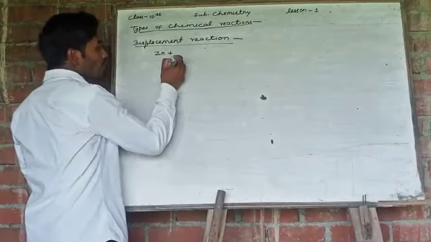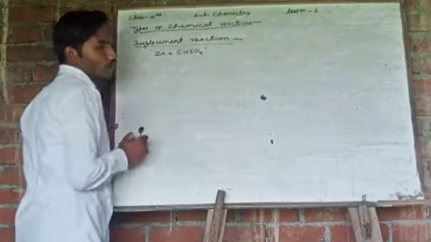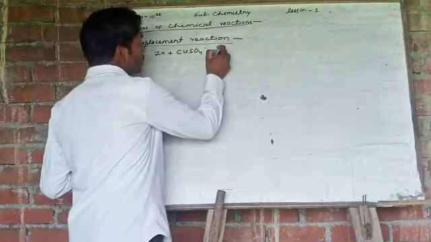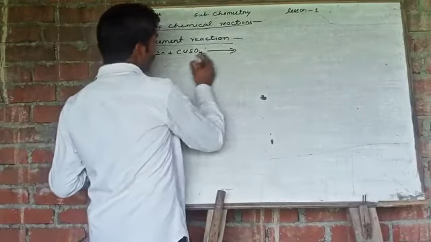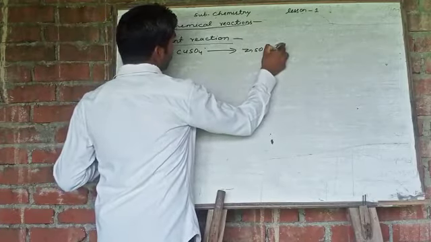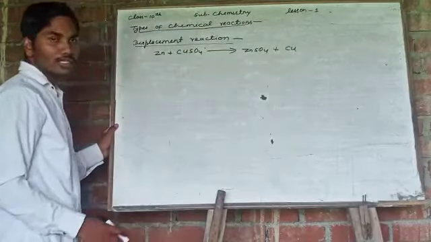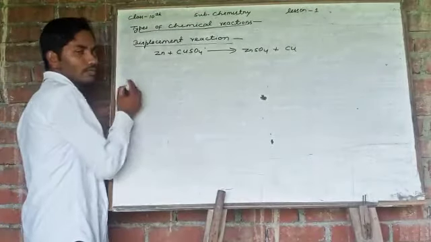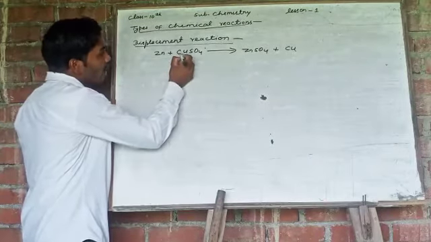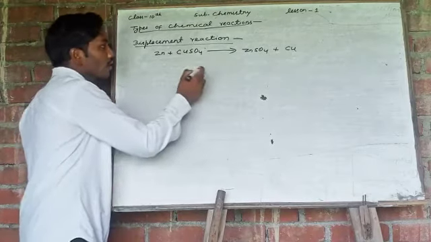Zn, we know zinc, and CuSO4, copper sulfate. So it becomes ZnSO4, which is zinc sulfate, and Cu. You can see here zinc is displacing copper from its solution. This is copper sulfate solution.